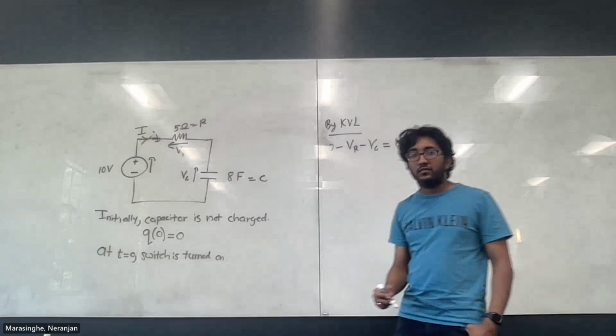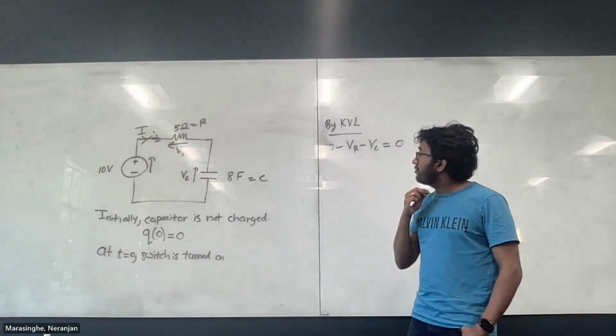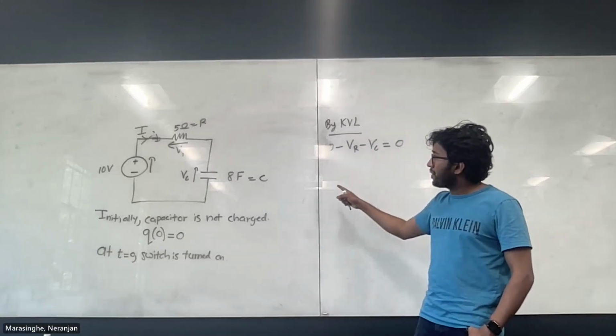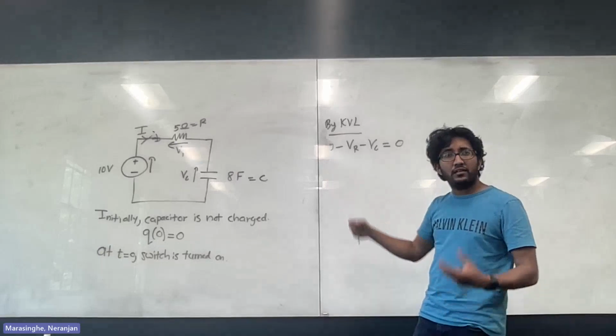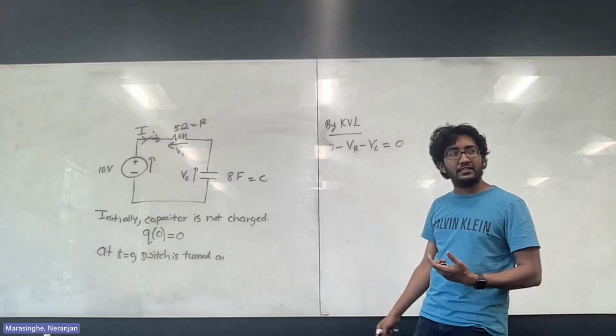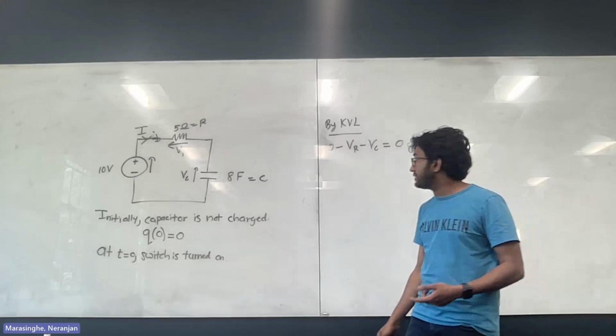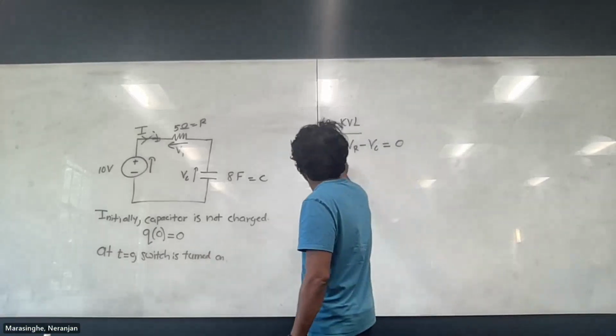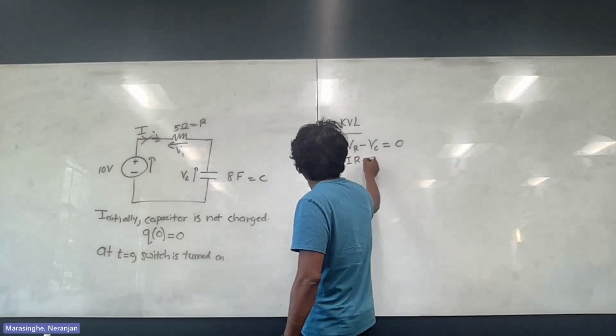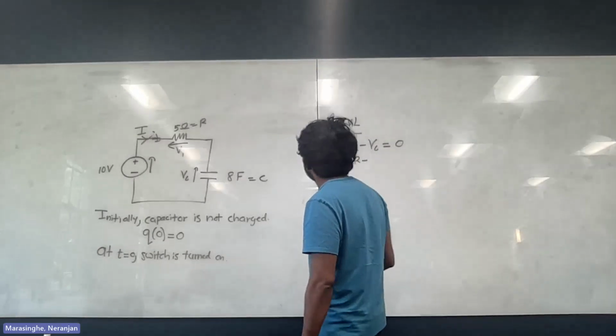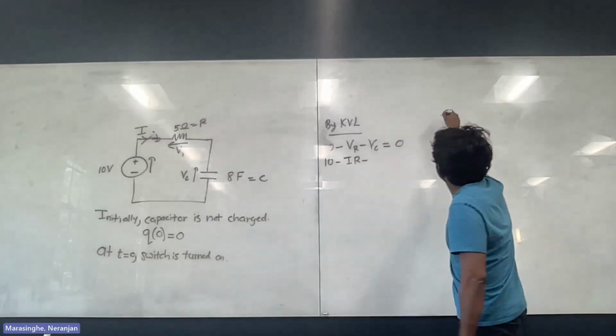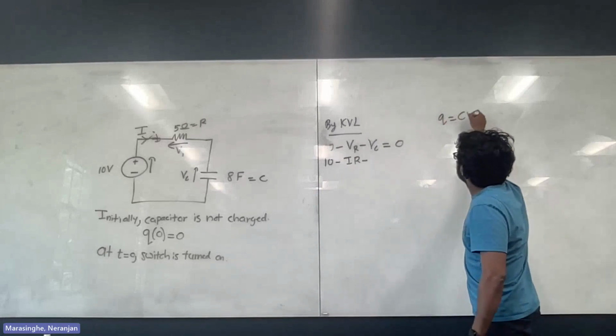What is VR? VR is equal to I times R. The voltage drop across the resistance is current times the resistance. So 10 minus IR minus VC. What is VC? Remember this formula: Q equals CV.